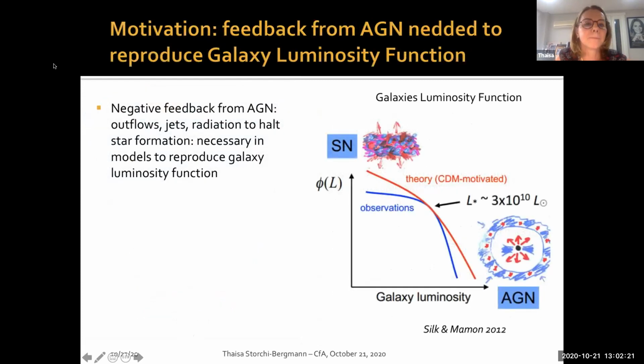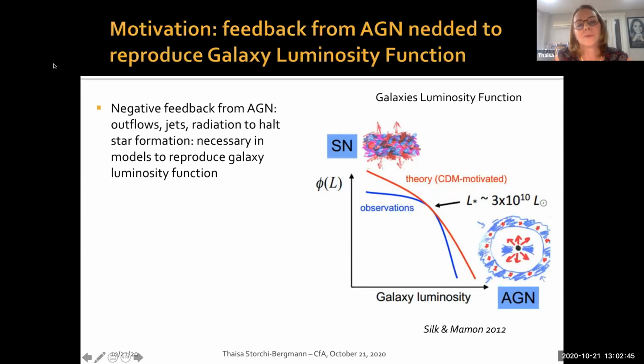Going to the outflows, the motivation to study outflows. We know that in order to reproduce the galaxy luminosity function, we need some negative feedback, otherwise the models would produce too many massive galaxies and too many low mass galaxies.